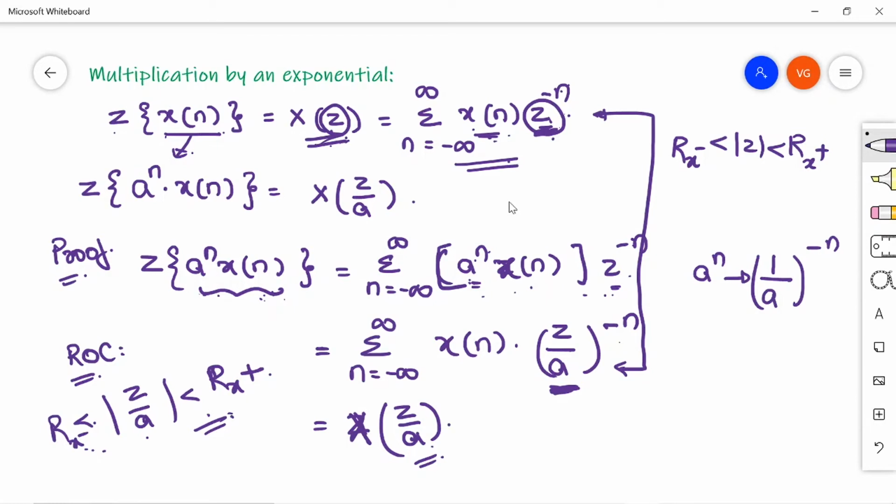The lower limit and upper limit applied for z here are applied for z by a. Means your z will range from a times your lower limit to a times your upper limit. Right? So that is how the ROC of the signal is defined.